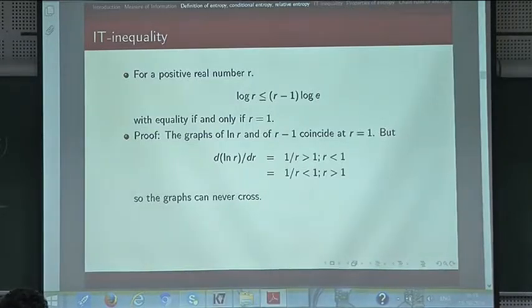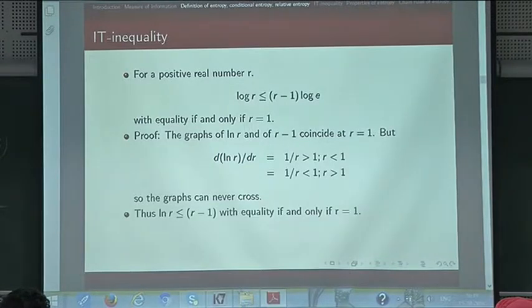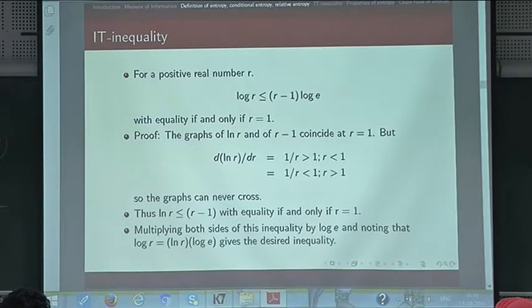After that the slope is less. That is why the graphs can never cross. So, this is used as a proof of this, and please remember, just memorize this. This is very useful. In fact, even in today's lecture we will be using this. The ln r is less than or equal to r minus 1, with equality if and only if r is equal to 1. Multiplying both sides of the inequality by log e, noting that log r is equal to ln r times log e, gives the desired inequality.